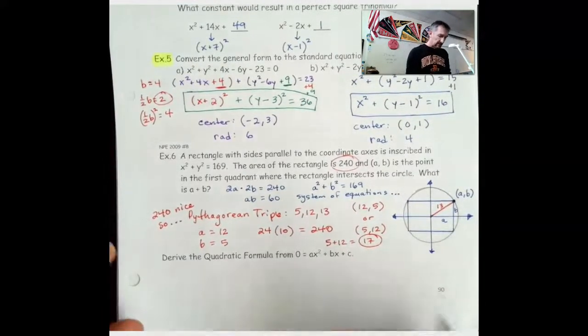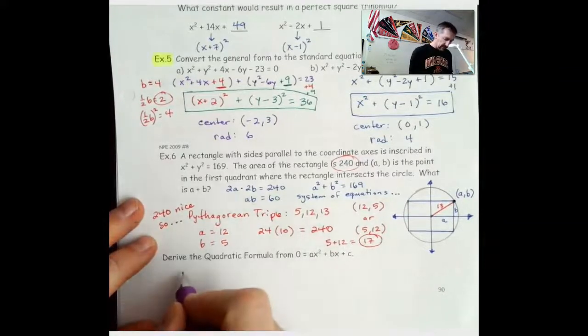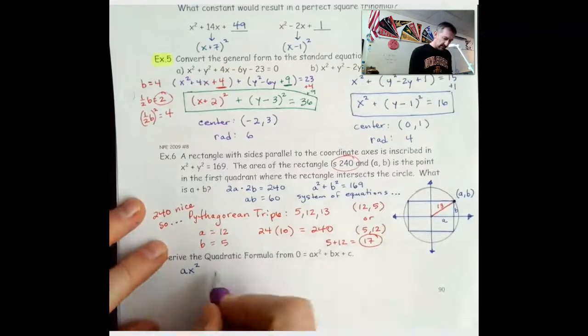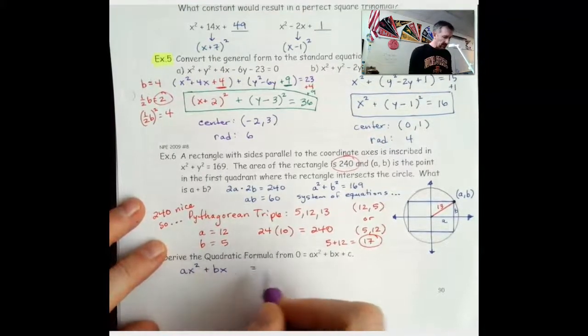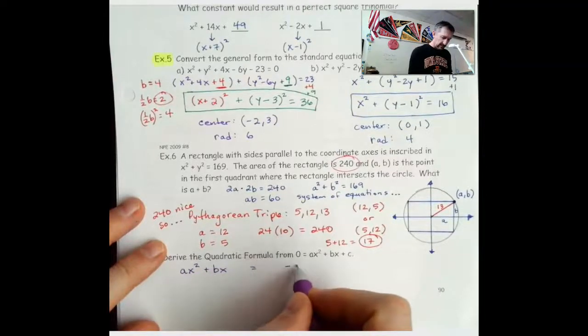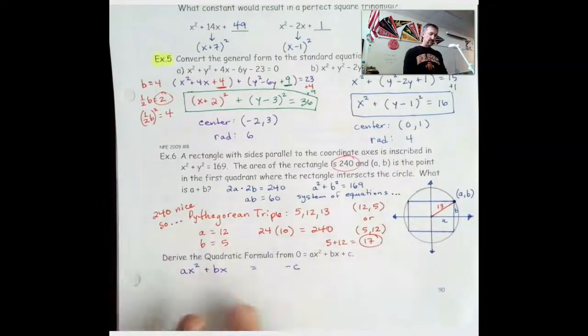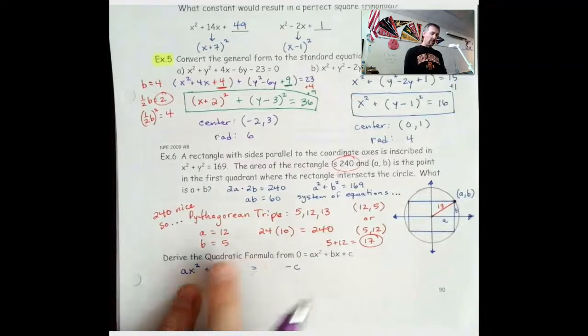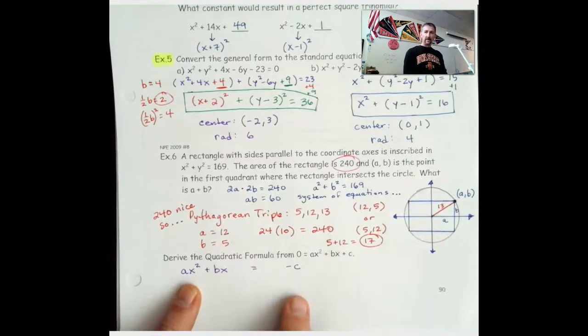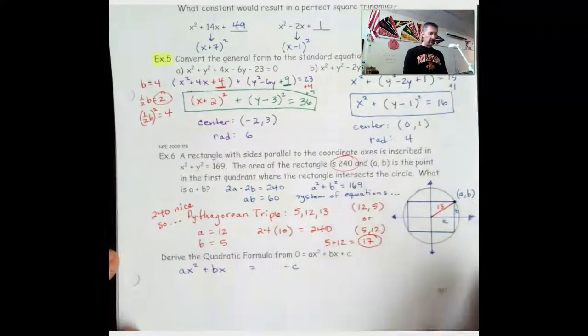So the way we do that is we're going to separate, so ax squared plus bx, and then over here we're going to subtract the c to the side. So what we're doing is solving this for x, but we're going to use completing the square, and that's going to give us the quadratic formula.